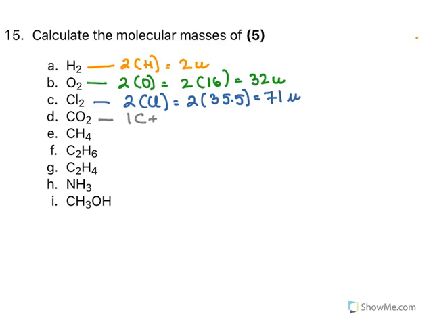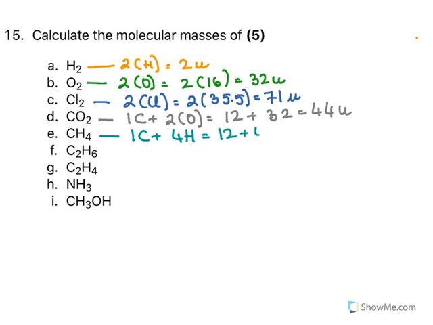Then we have for carbon dioxide 1 carbon, 2 oxygen. 1 carbon is 12, 2 oxygen is 32, and that answer will be 44 U. Then we have methane CH4, 1 carbon, 4 hydrogens, which will be 12 plus 4 into 1.